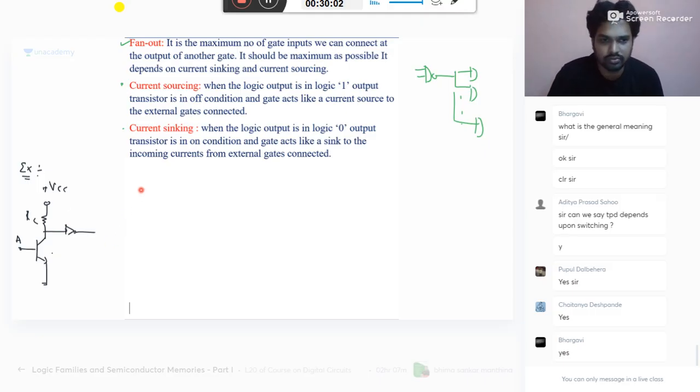Suppose the output is equal to 1. In this circuit, say for example the input is 0, A equal to 0, then your transistor will be off, ideally an open circuit. It may have some voltage, whatever, you assume it as an open circuit.